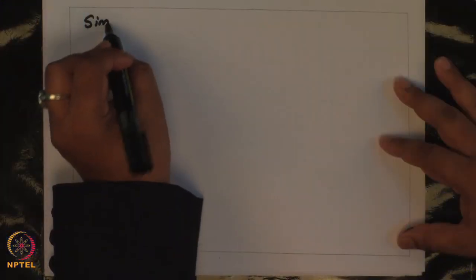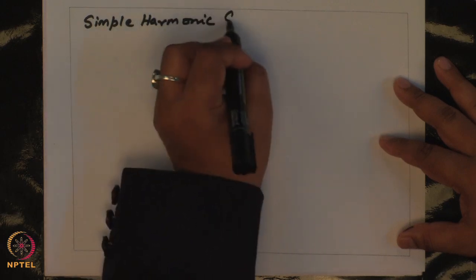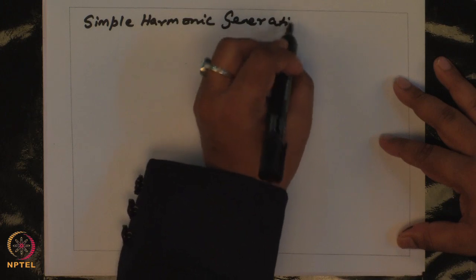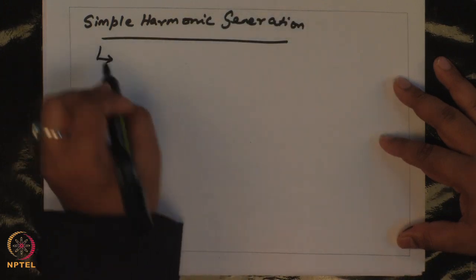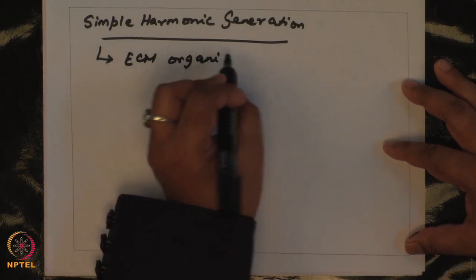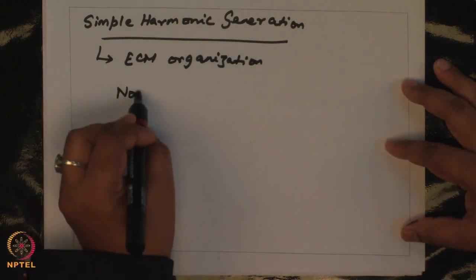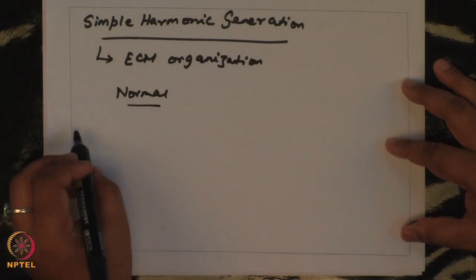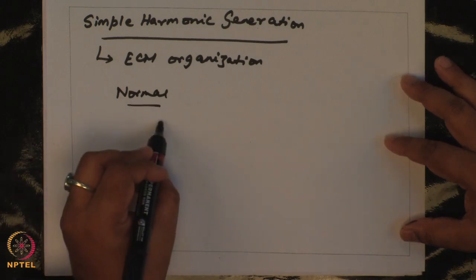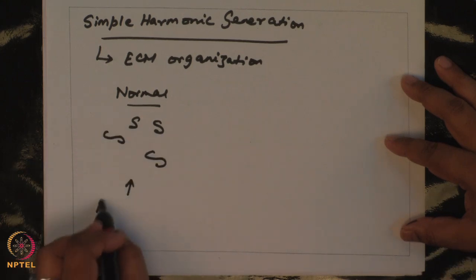So, what they did was they used an imaging modality called second harmonic generation. So, this allows you to look at ECM organization. What they found was in case of normal, they imaged the collagen fibrils. These collagen fibrils exhibit ribbon like morphology.